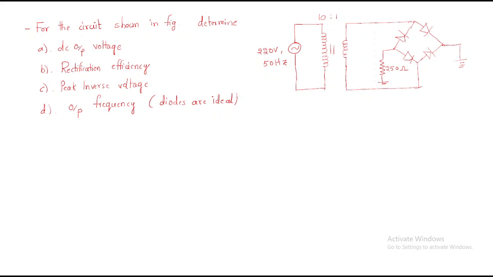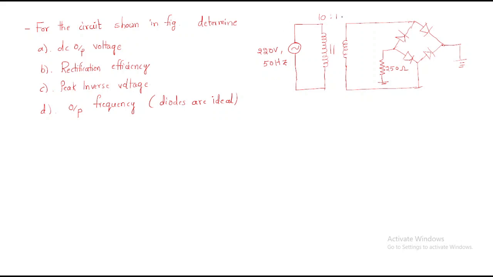The next problem is: for the circuit shown in the figure, determine A, the DC output voltage, B, the rectification efficiency, C, the peak inverse voltage, D, the output frequency. Diodes are ideal. Look here, this is the 220 volts 50 Hz supply.